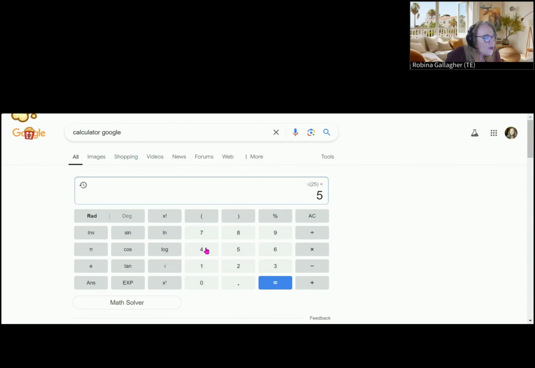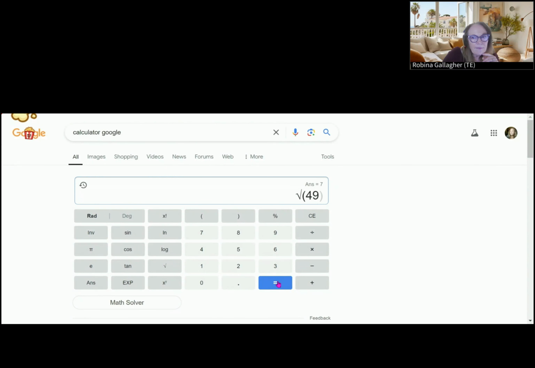So if I want to find the square root of 49, I hit the square root button, I type in 49, and then I hit equal. That should be 7. Now, watch what happens if I put in 49 and hit square root and then hit enter. I'm going to get an error message, and the reason is I have to have that number underneath the square root sign.